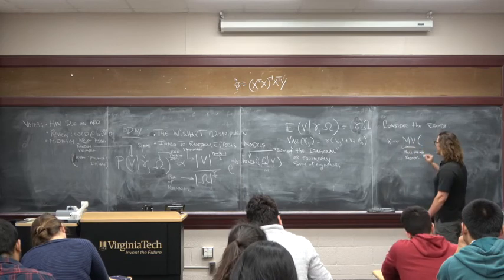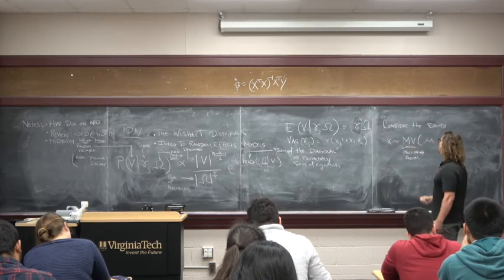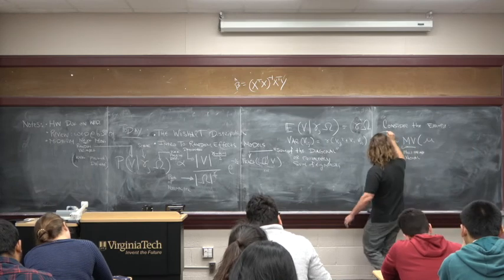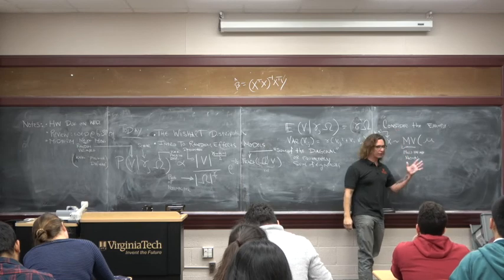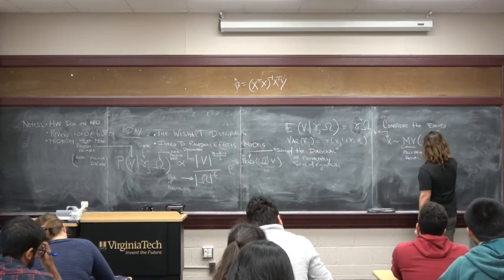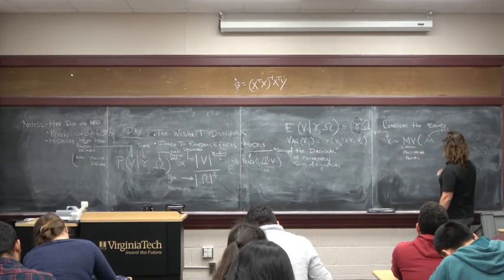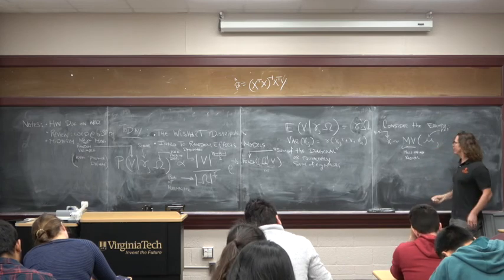I'm going to say that it's centered around some vector right here. So let's say this is a k by 1. So it's just a k vector. This is going to be a k by 1. And there's going to be some covariance structure.